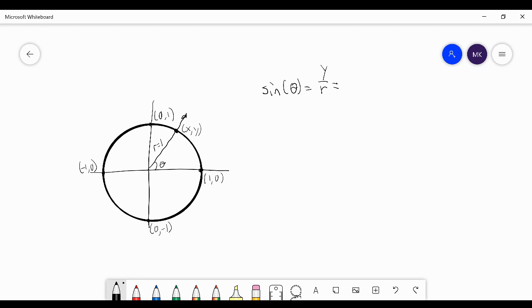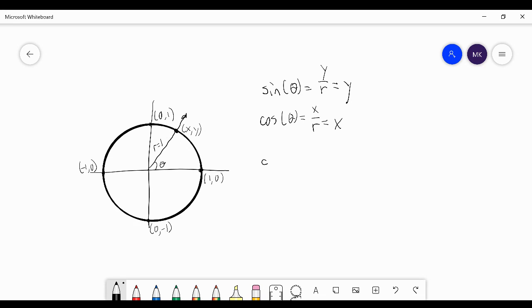But if r is just 1, it just equals y. Cosine of theta is x over r, which is just x. Tangent is the same, cotangent is the same, it's still y over x and x over y.